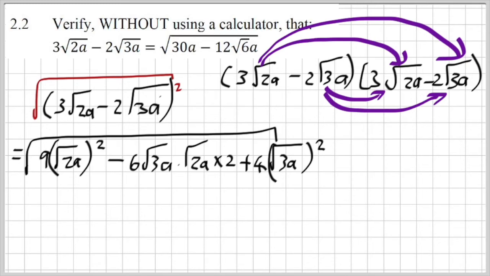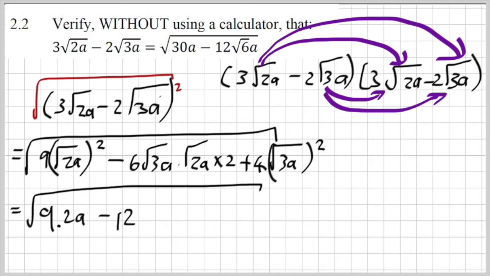Now let's see if we can simplify that expression. That means I've got 9 times 2a. I've got 6 times 2, which gives me 12. And because the root 3a and the root 2a have the same surds, they're both square roots, I'm going to make them into one square root.